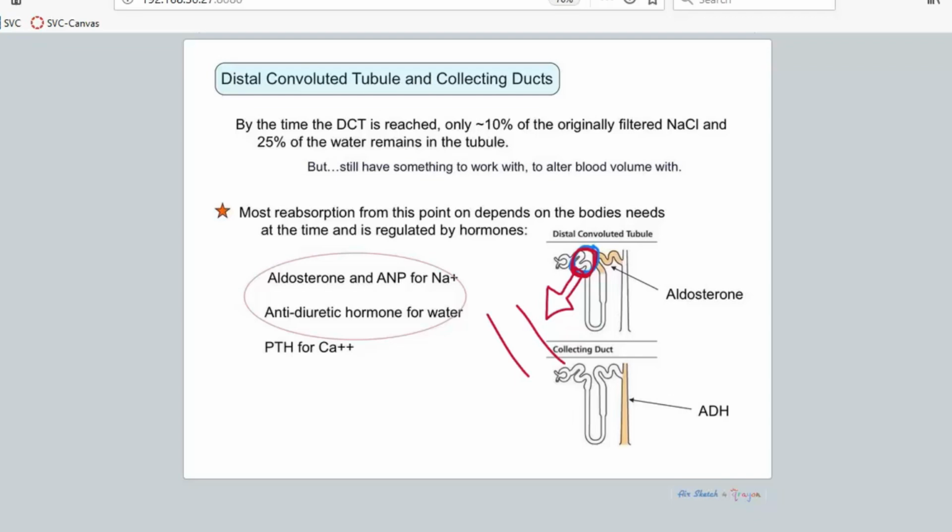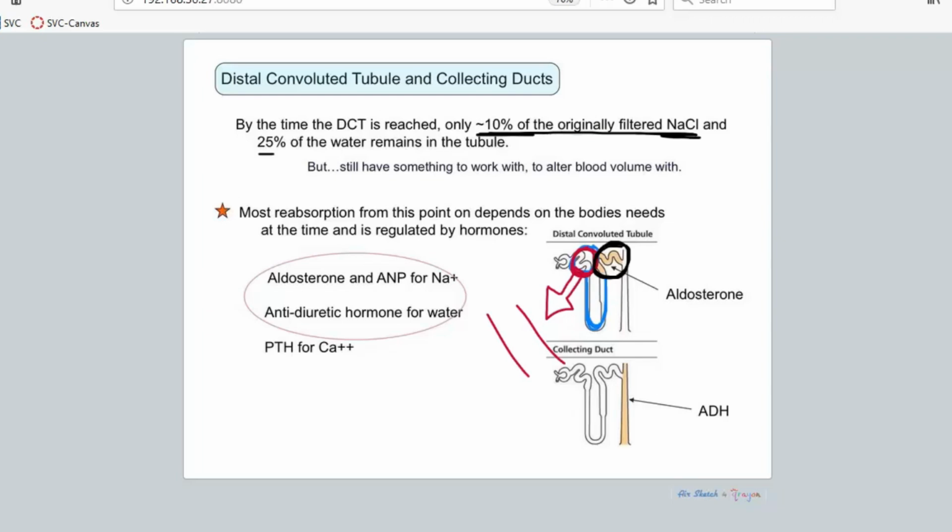Then that filtrate travels down through the loop of Henle, which we didn't necessarily talk about, and that's fine. And now we have this filtrate that goes to the distal convoluted tubule. And by the time we get to the distal convoluted tubule, there's about 10% of the originally filtered sodium chloride that's remaining.